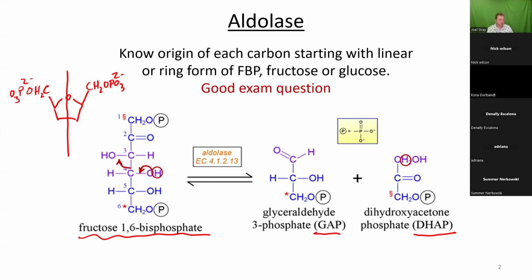These two molecules right here are products of aldolase, but they're intermediates in glycolysis. I don't want you to get hung up on those distinctions, but I do want you to be thoughtful of them. So DHAP is a ketose, and glyceraldehyde 3-phosphate is an aldose.